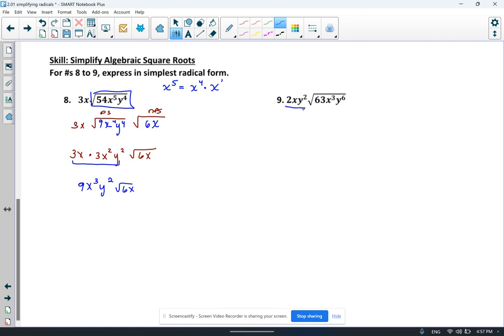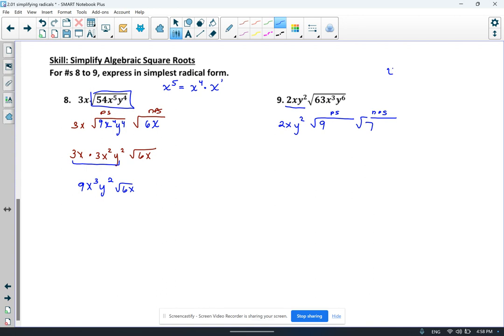Again, this 2x y to the second is really the coefficient to this radical expression. So I'm going to just rewrite that coefficient, and I want to simplify this expression to the perfect square and the non-perfect square. So 63 can be simplified to 9 times 7.